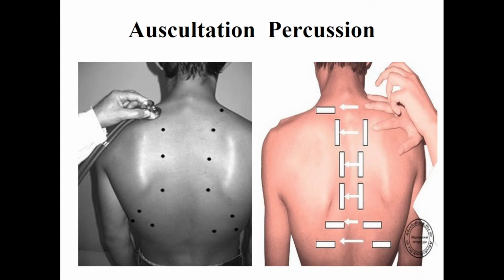During percussion, we compare symmetrical lung segments, spots to the right and to the left. Healthy lung tissue results in a clear sound. Dullness of sound is observed during inflammation of the lung tissue and fluid accumulation.